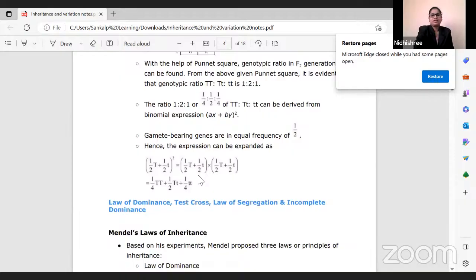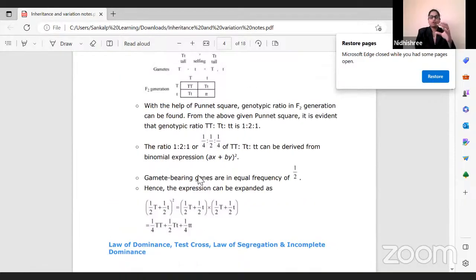Just focus on these points. With the help of Punnett square, genotypic ratio in F2 generation can be found. From the above given Punnett square, it is evident that the genotypic ratio is 1:2:1.